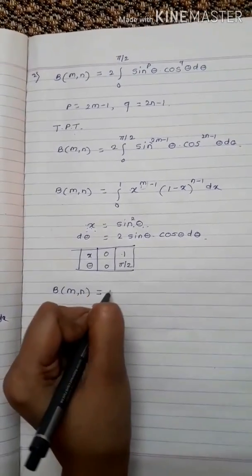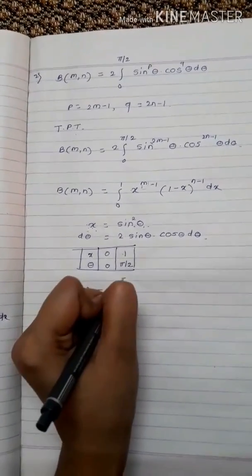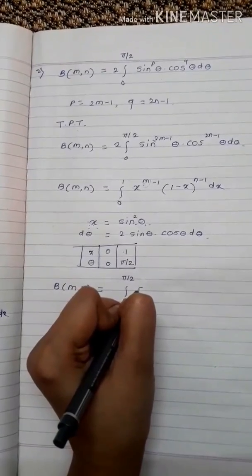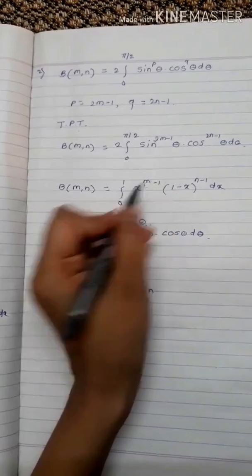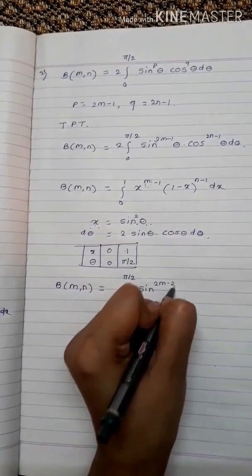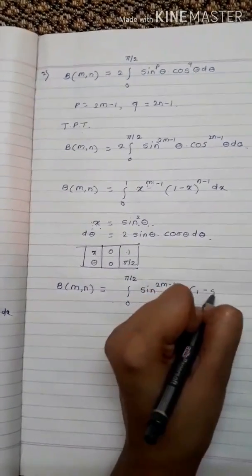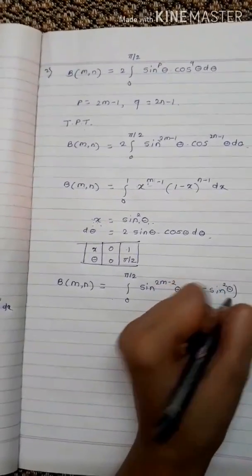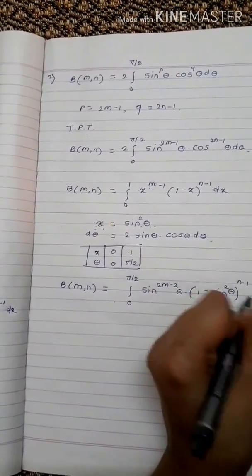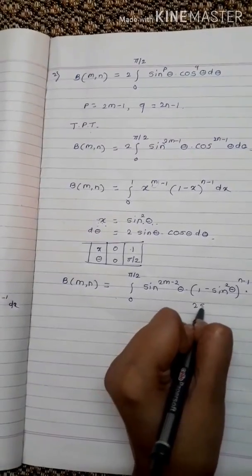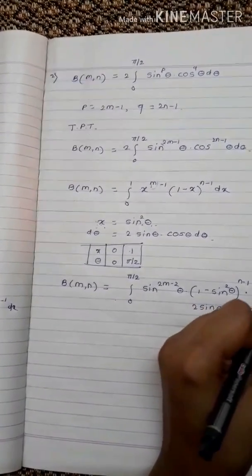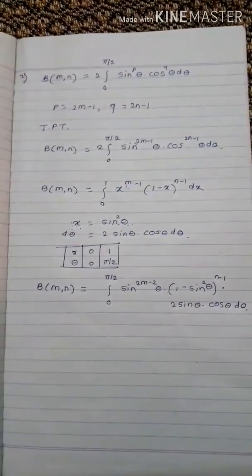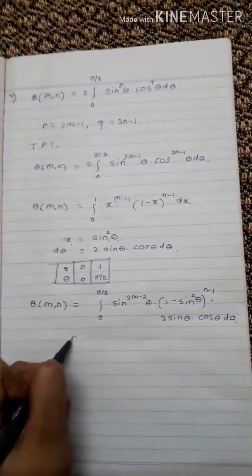Now the definition becomes integral from 0 to pi by 2 of sine raised to 2m minus 2 into 1 minus sine square theta raised to n minus 1. This is multiplied by 2 times sine theta into cos theta d theta. Let's simplify this a little bit.